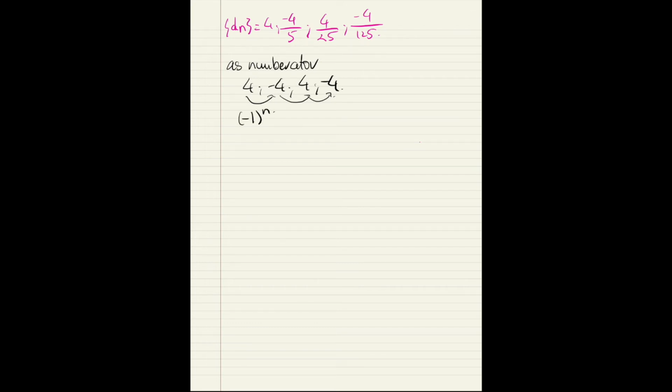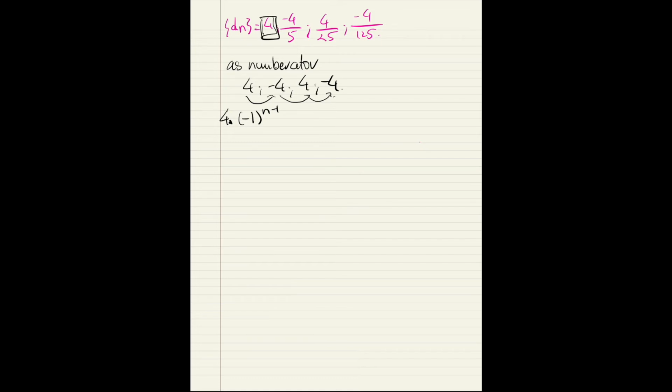But since we have 4 right here, we have to multiply it by 4. And also since it starts with a positive number, it's just n plus 1, or you can use n minus 1 if you want to.